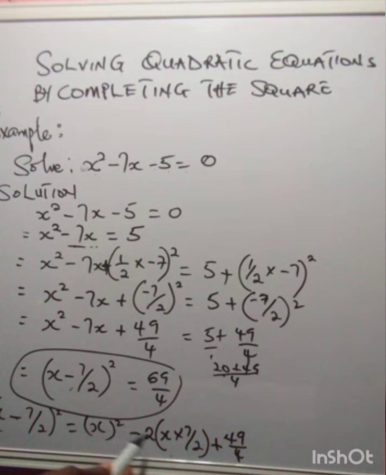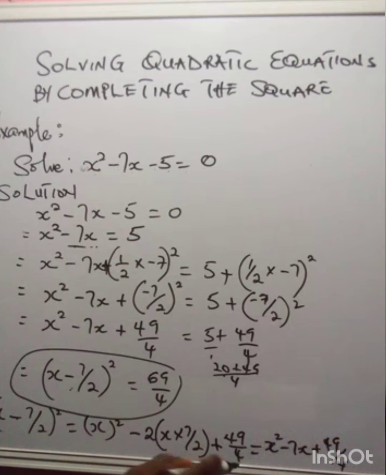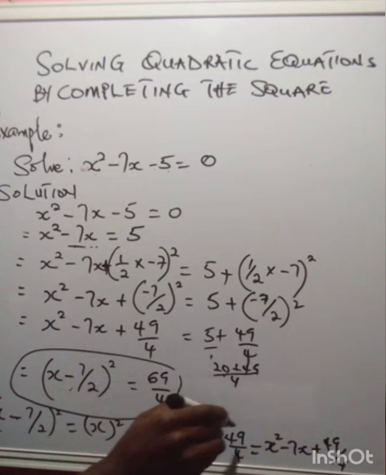If we expand this, 2 we divide 2. 7 times x is minus 7x. This is equal to x squared minus 7x plus 49 over 4. We'll get back to this.